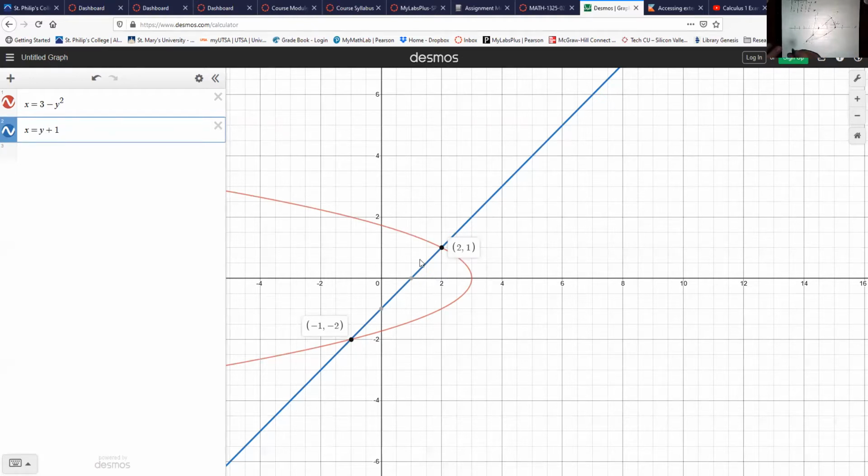So the integral from -2 to 1, the parabola is on the right, so right minus the left, right? Right minus left, so 3 minus y squared minus the line, which is y plus 1.